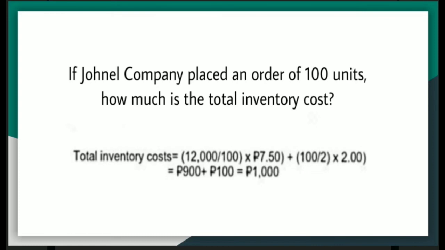That is our carrying cost. So we will add them together. Our ordering cost is 900 and our carrying cost is 100 pesos. So that would give us a total inventory cost of 1,000 pesos. Thank you.